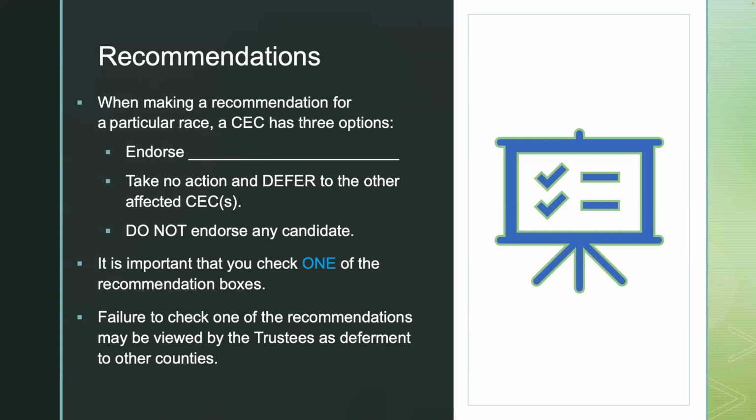A CEC can also recommend or decide to take no action. That CEC is in essence choosing this option to take no action. They will simply defer to other affected CECs.